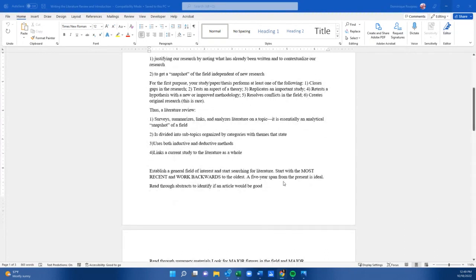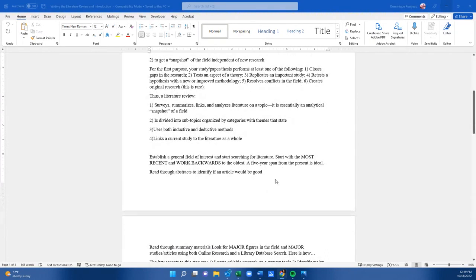So, how do you compose the lit review? Typically, you want a lit review to be very fleshed out. You want to find quite a few articles. I want to say the standard research project finds anywhere from 20 to 40 sources.